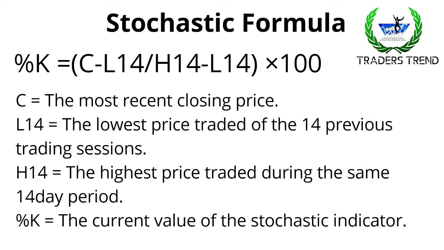Here C is the most recent closing price, L14 equals the lowest price traded during the previous 14 trading sessions, and H14 means the highest price traded during the same 14-day period. Percentage K equals the current value of the stochastic indicator. This is the formula of the stochastic indicator.